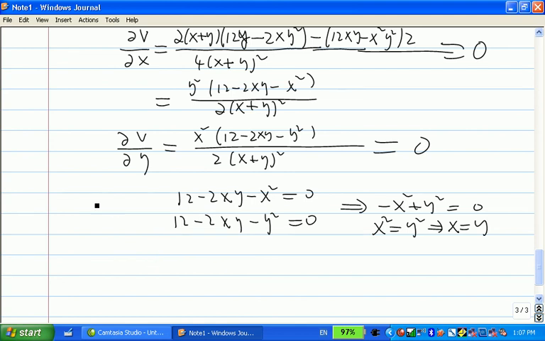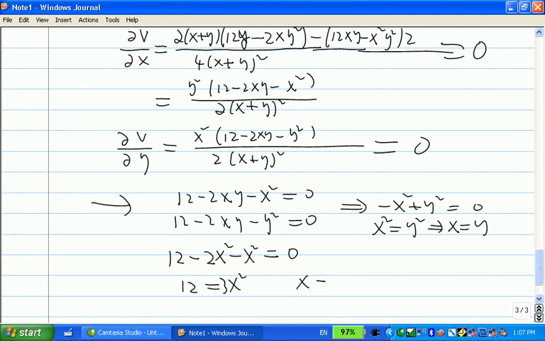Then you put it back. For example, go back to that equation. You got 12 minus, remember y equals x, so 2x squared minus x squared equal to 0. This really is 12 equal to 3x squared.